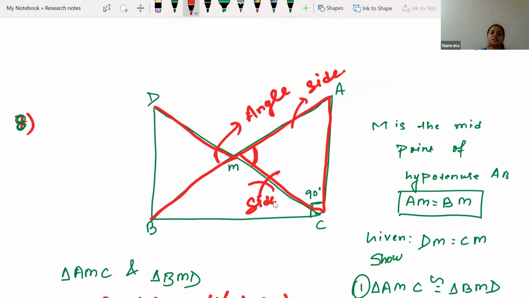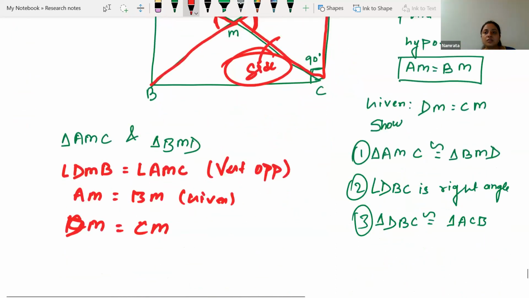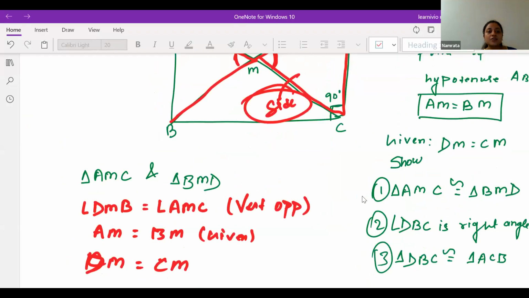So can you see side, included angle, and then side? Yes or no? So can we say the side angle side rule we have used? Yes, ma'am. So this is how you can do the first part, and let's see the next part quickly.